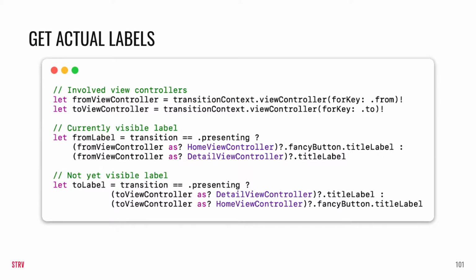And so for the presentation, we are getting the currently visible label, so we can use it as a copy for our helper view, and then we are getting oncoming label because we need to know the position of it.